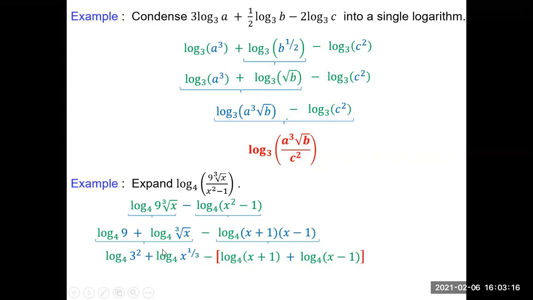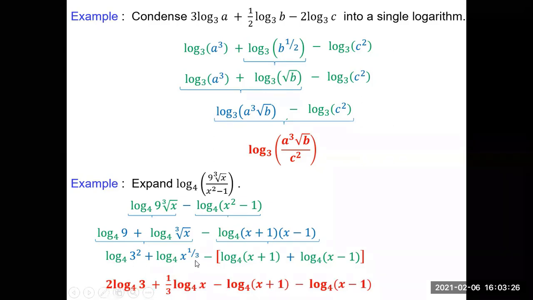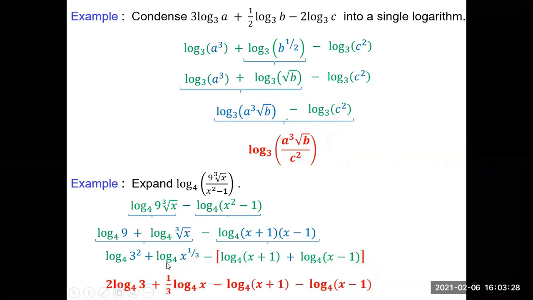I can also bring each of these two exponents to the front to become coefficients, and therefore this simply becomes 2 times log base 4 of 3 plus 1/3 times log base 4 of x minus log base 4 of x plus 1, and distributing the negative makes this last term minus log base 4 of x minus 1.